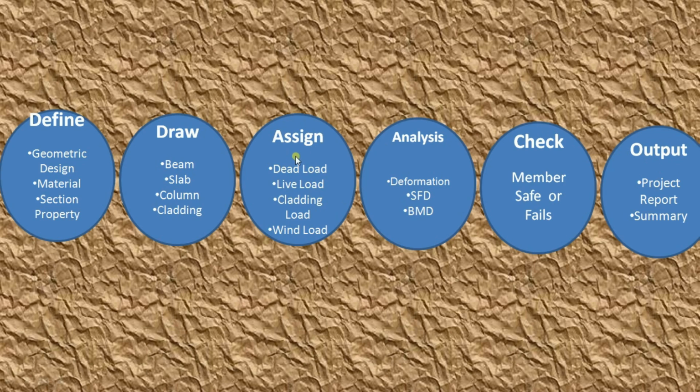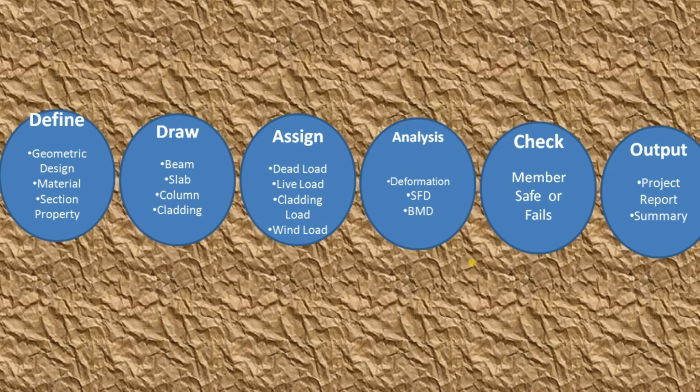Here we can assign the different loads that are dead load, live load, cladding load and the wind load. For assigning wind load, we need to follow the guideline of IS code, that is IS 875 1987.